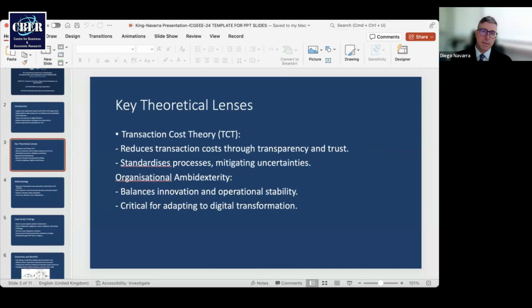What we're looking at is the use of transaction cost theory to better understand these dynamics, and also the interactions between agents, between people, in order to understand what was being done for leveraging network effects. Transaction cost theory is an established field of knowledge. The traditional view was introduced by Williamson, and there have been many studies since the seminal publications of the 80s.